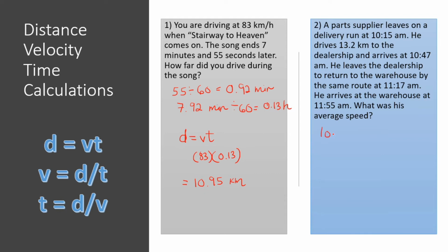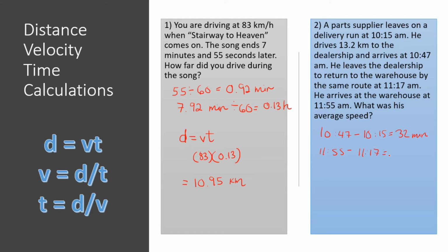Okay, there we go. We have 10:47 minus 10:15, leaving our warehouse and driving to the dealership. And that gives you about 32 minutes. Or we hung out for a while and did nothing. And then between 11:17 and 11:55, we were driving back to our warehouse.